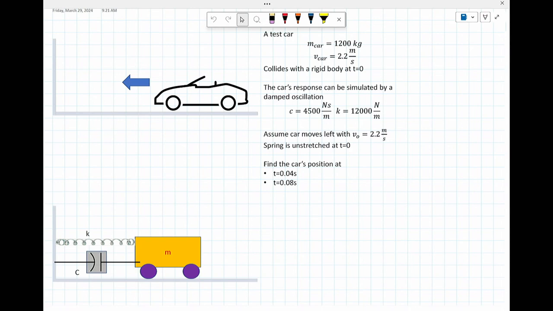The car's response can be simulated by a damped oscillation with c equals 4,500 newton seconds per meter and k equals 12,000 newtons per meter. Assume the car moves left with v naught equals 2.2 meters per second, and the spring is unstretched at time equals 0. Find the car's position at two times, 0.04 and 0.08 seconds.